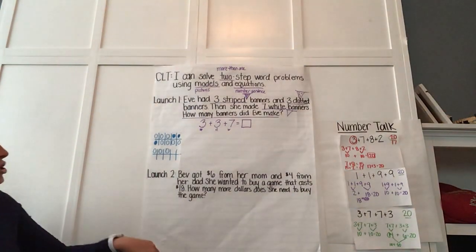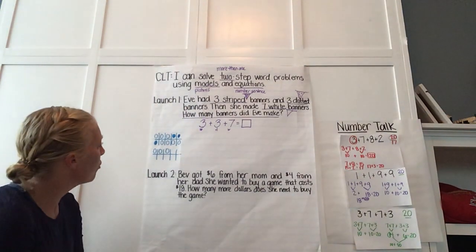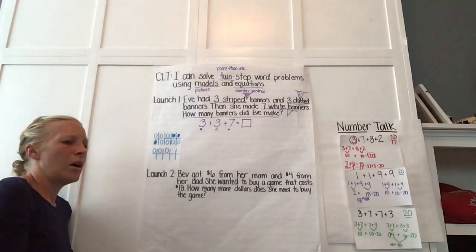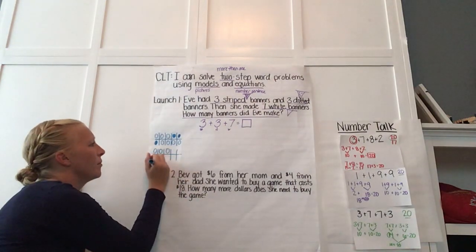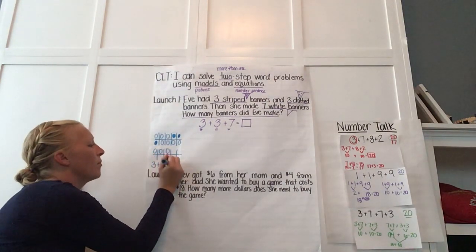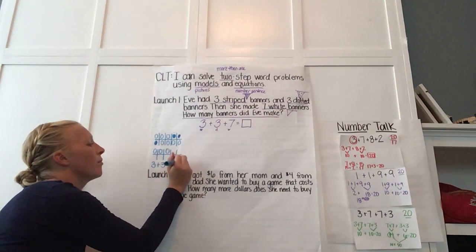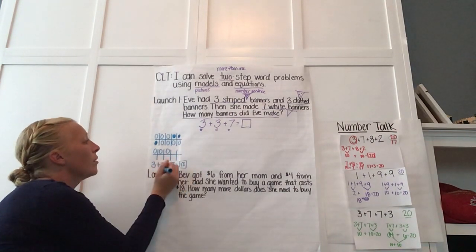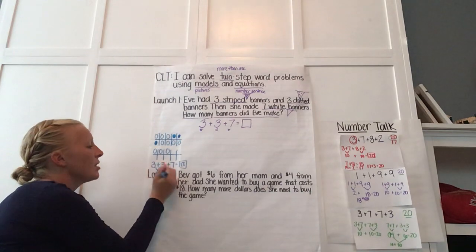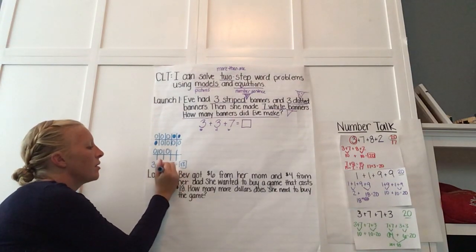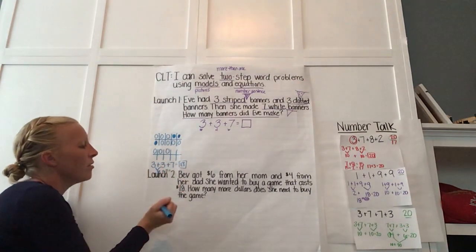And so how did you find that unknown? Why do you say it's 13? Okay, so 3 and 3 was 6. And then 7 more.